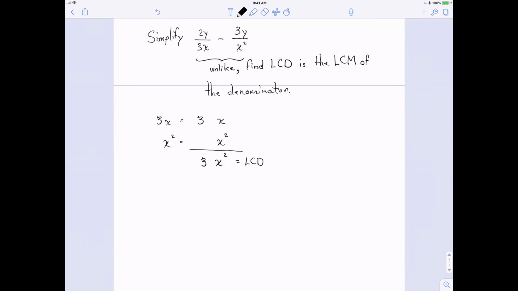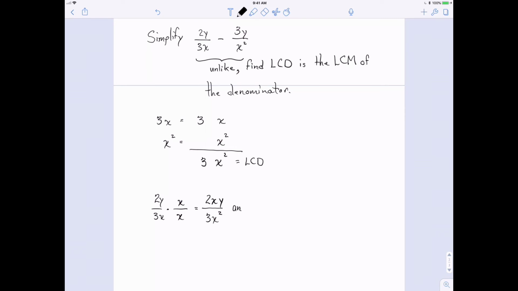Now, we change each fraction. For example, 2y over 3x needs to be multiplied by something to end with the denominator of 3x squared. Notice that the 3x needs an x, so x over x. So I have 2xy.